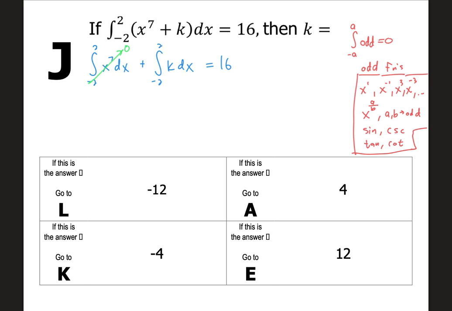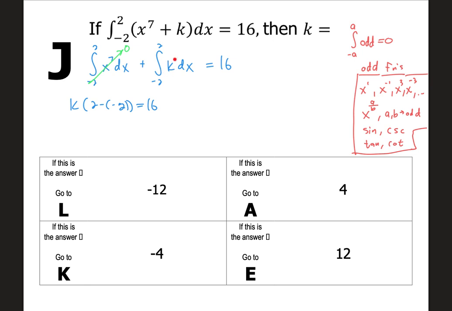But I think better is to use the rule that when you do a definite integral of a constant, you just do the constant times b minus a. That's like the idea from when we first learned about finding area.